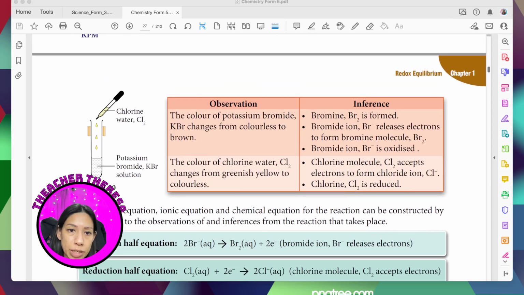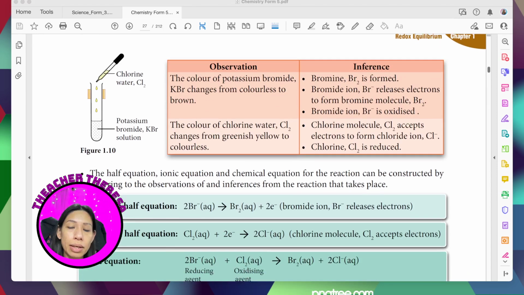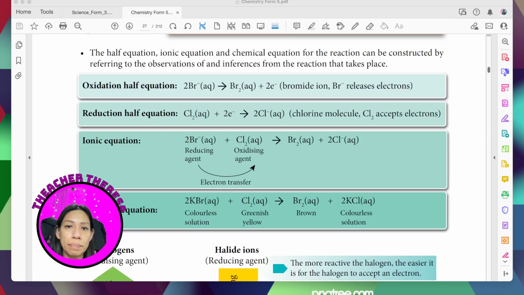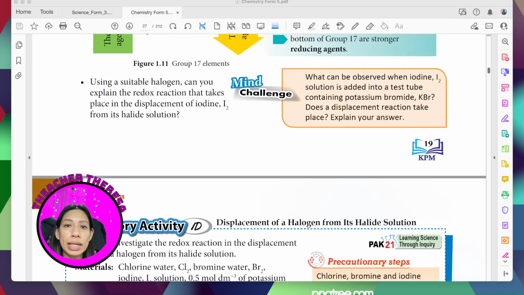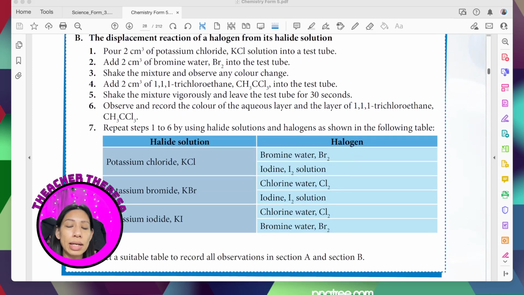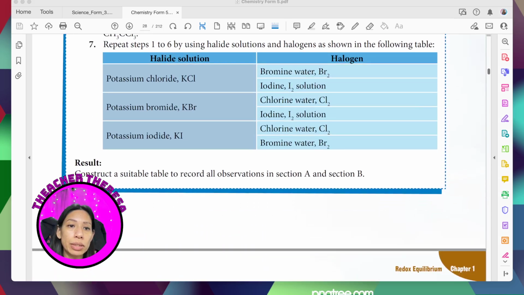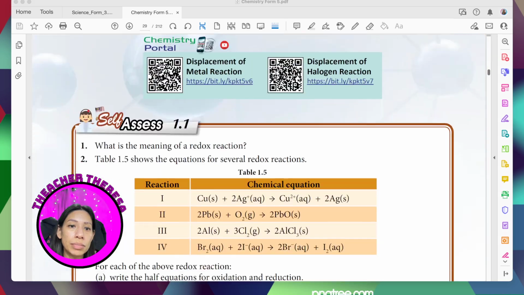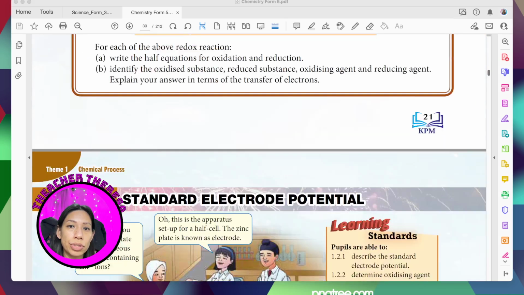Same thing with displacement. Both concepts are similar. So that is about displacement of halogen. Now, the last experiment will be on conducting redox reaction for displacement of halogen.